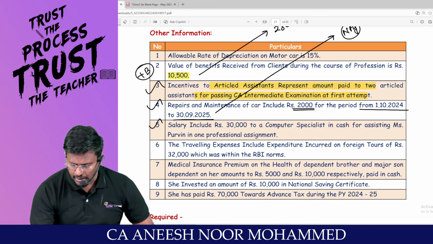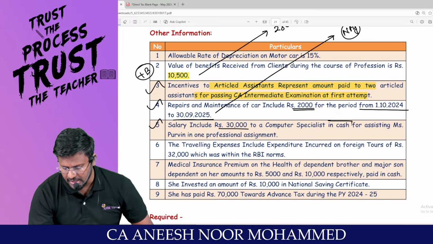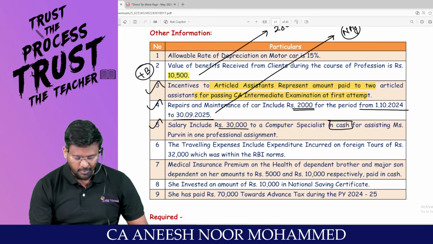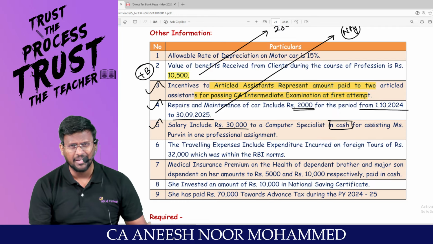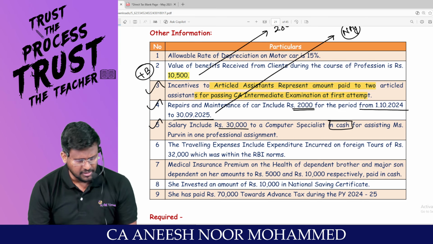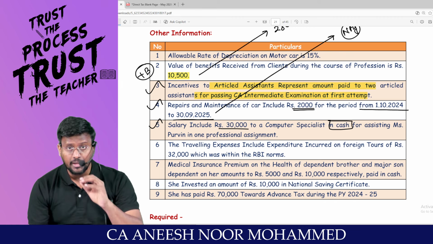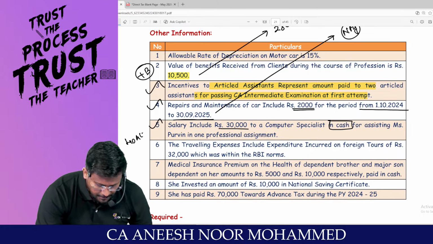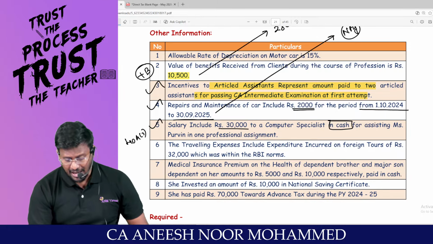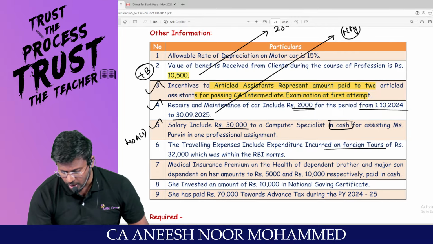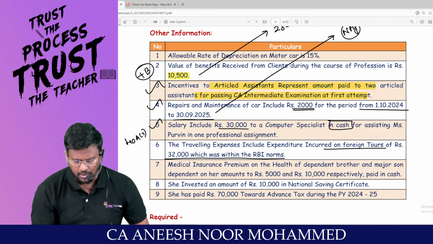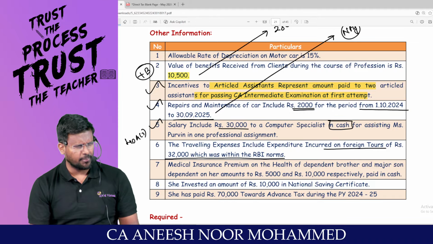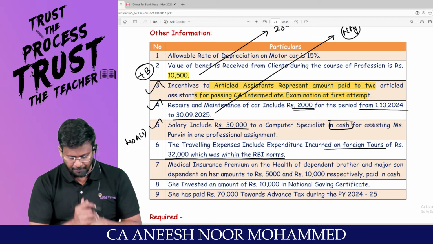Salary includes 30,000 to a computer specialist in cash for assisting Miss Parvin in one professional assignment in a single day to a single person. If cash payment exceeds 10,000, that entire amount should be added back as per 40A subsection 3. Traveling expense includes expenditure incurred on foreign tour of 32,000, which was within RBI limits, so nothing needs to be added back.